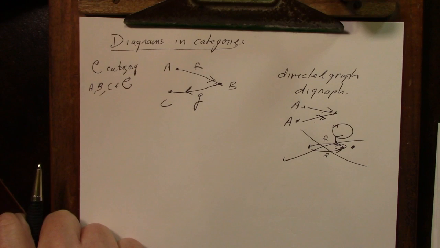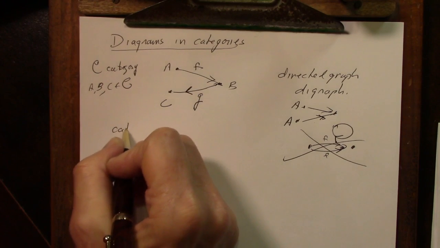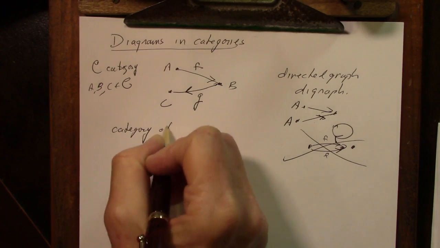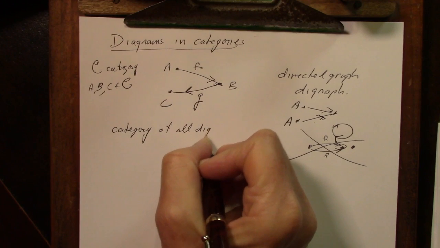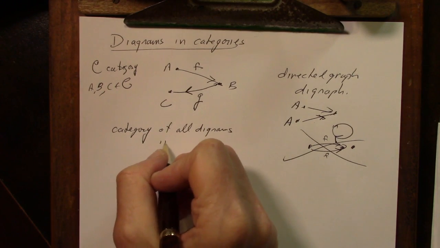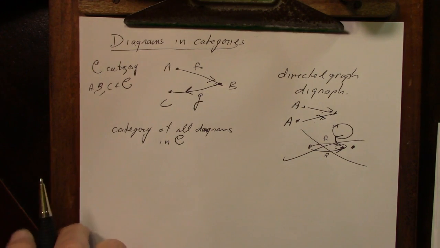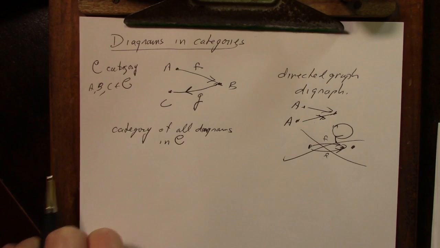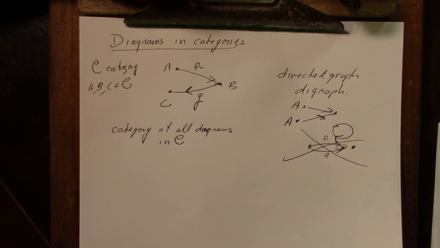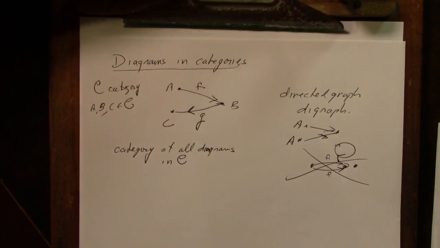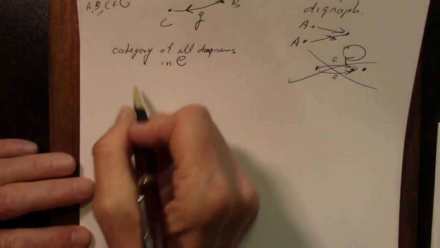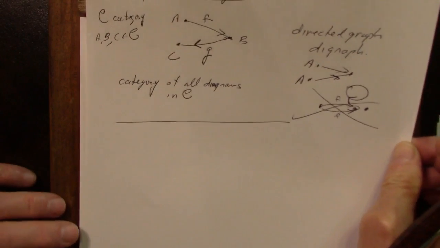The problem with this definition, it's quite suitable for many things, but when it comes time to define the category of all diagrams in a category C, it's a little bit lacking. It becomes much more difficult to make a good definition. So there's a more formal definition of diagram, less intuitive and more formal.